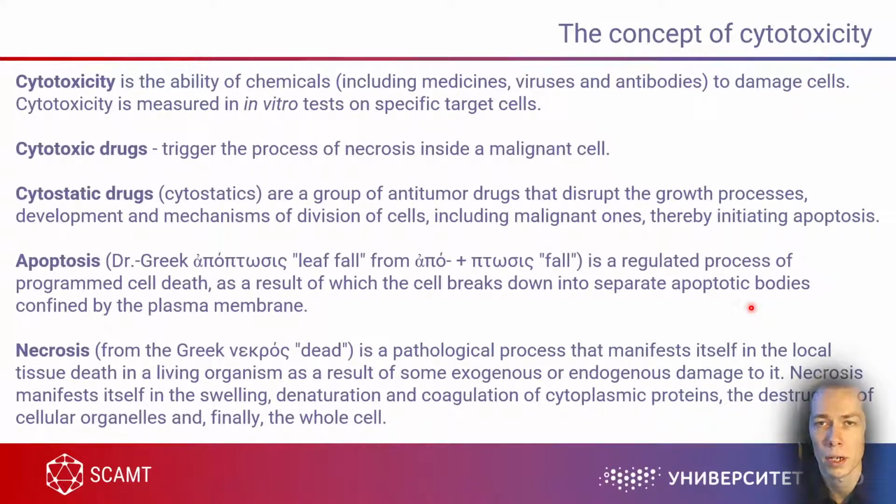For example, nitric oxide can be called a cytostatic compound because it can inhibit cell growth. Cytostatic is something that causes stasis. So it can freeze cells and prevent them from proliferation. And this state of stasis in some way can lead to apoptosis.